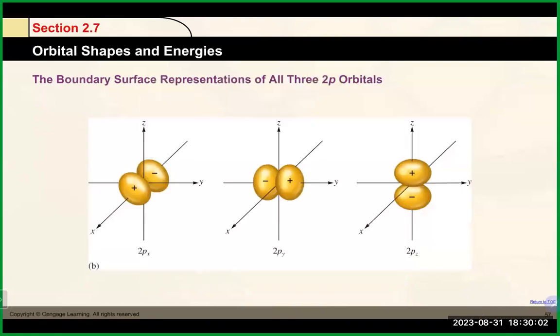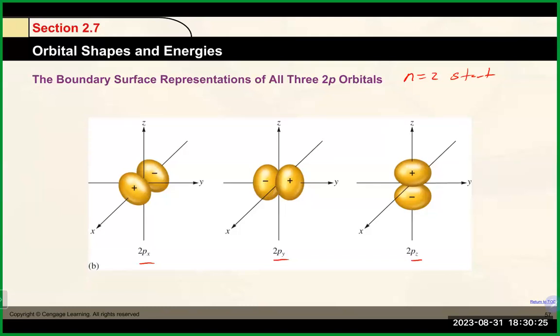Now, the next type of orbitals that we come across are p orbitals. And p orbitals actually start on the second energy level. And there are 3 different types of p orbitals. There's the px, the py, and the pz orbital. There are different locations in 3-dimensional space.